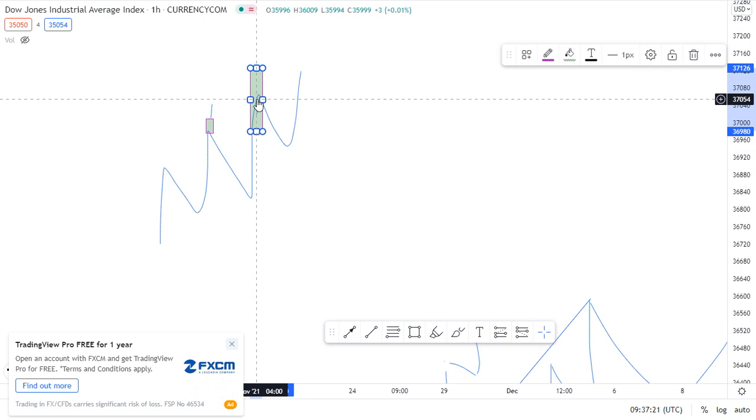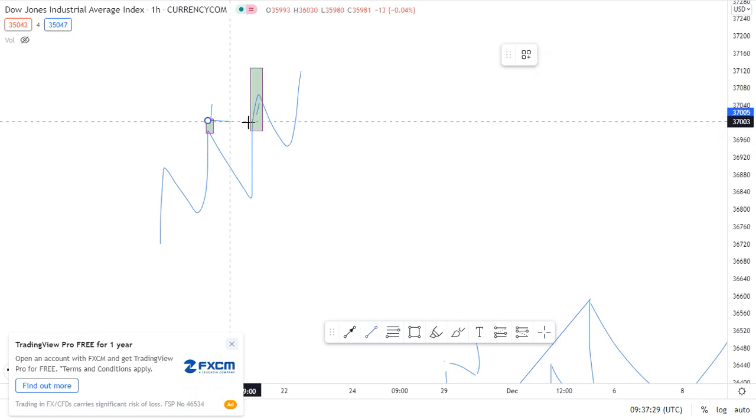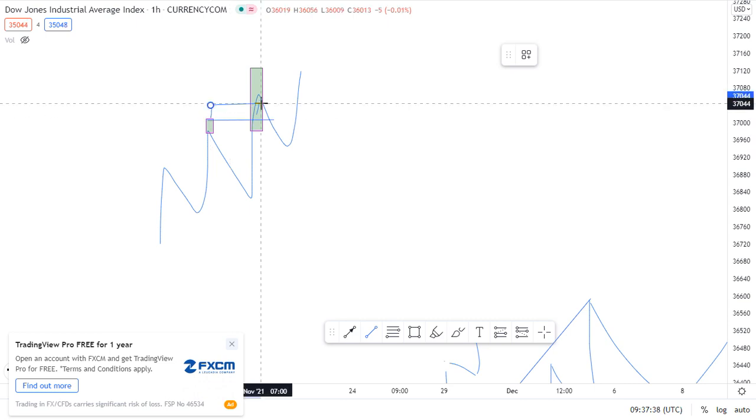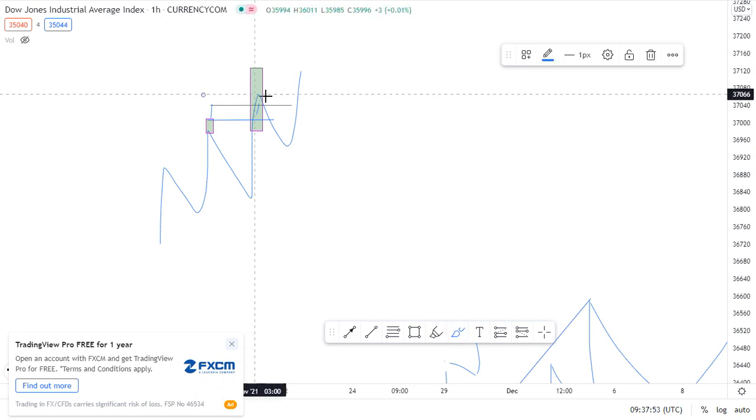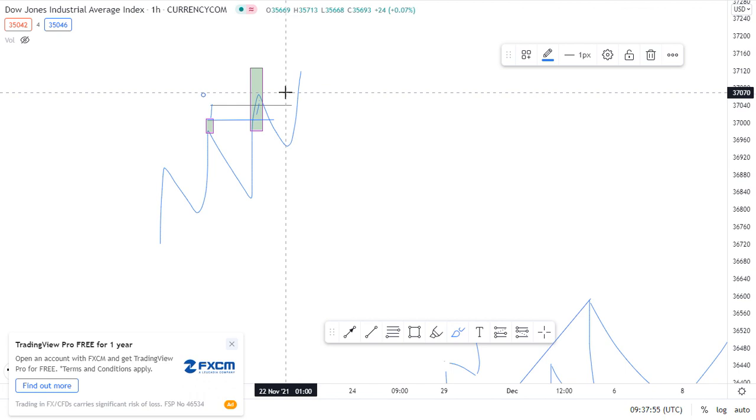When we refer to break of structure by body, we refer to when it breaks here, it's a break of body. When it breaks this side, it's a break of the wick. When it breaks impulsively here, it's a break of body plus wick.